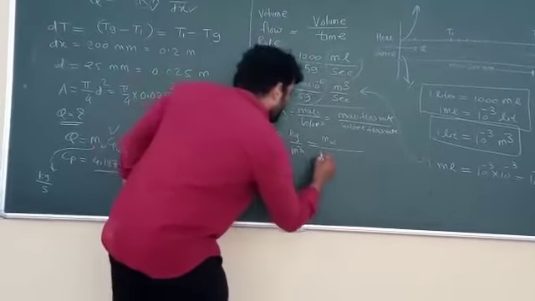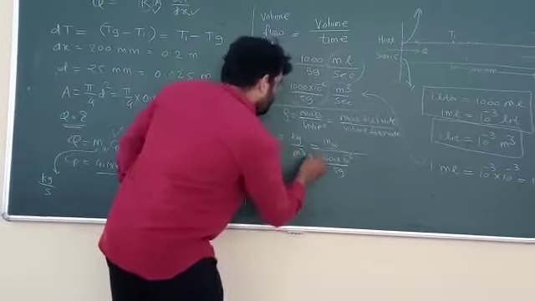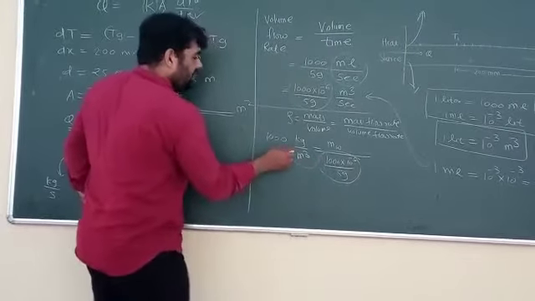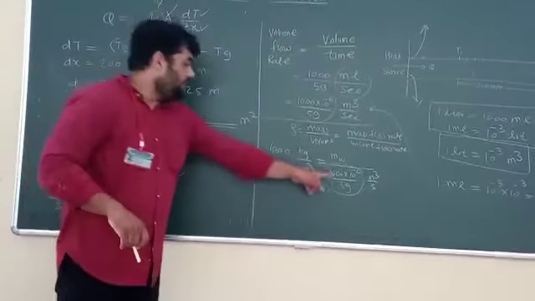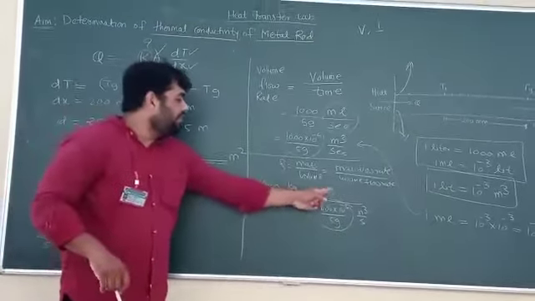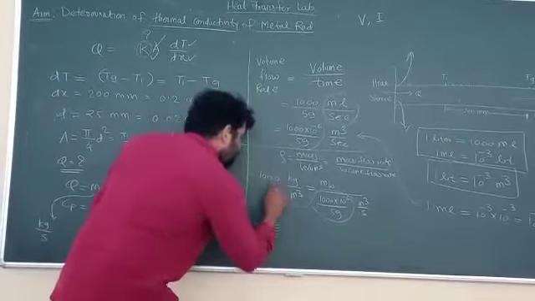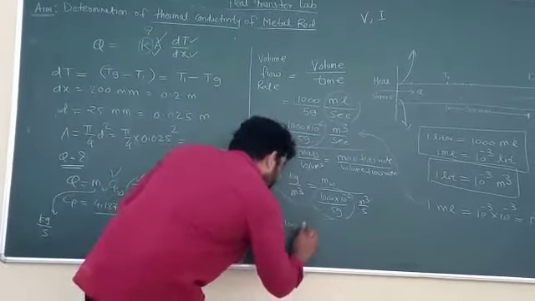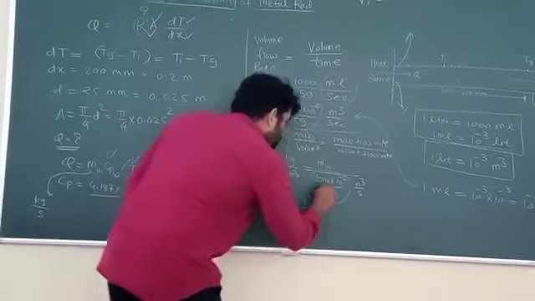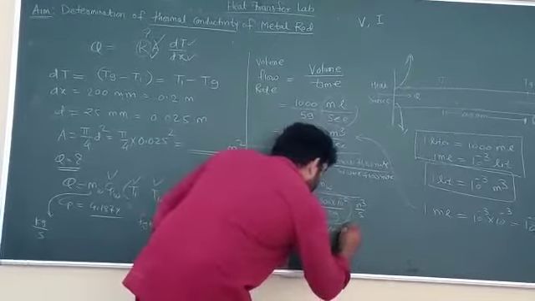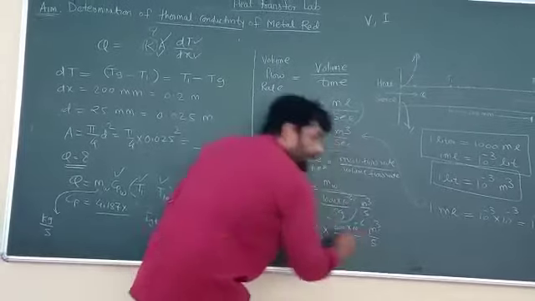It will be 1000 into 10 raised to minus 6 upon 59 meter cube per second.